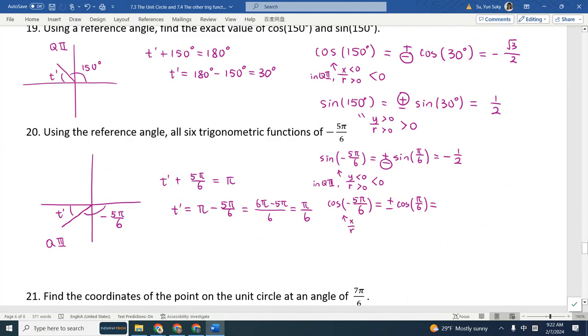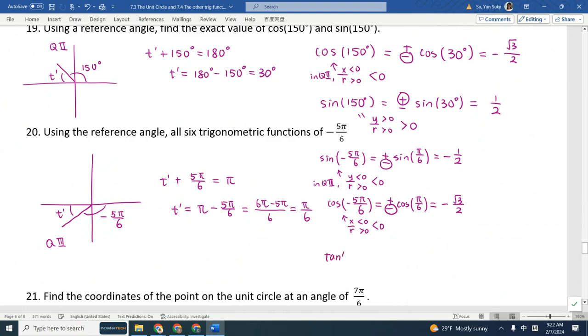But x is positive or negative? Negative. And r is positive. So the whole thing is negative. So we pick the negative. And what is cosine pi over 6? Square root of 3 over 2. Is that okay, everybody?